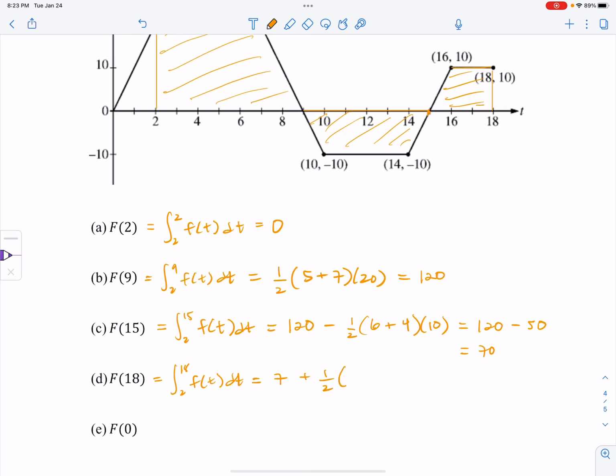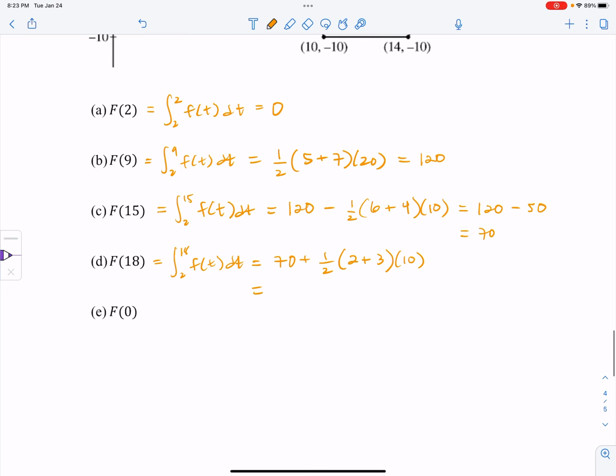So 16 to 18 is 2 plus 15 to 18 is 3, and the height is 10. Oops, I erased this 0 there. Okay, so what is that? 5 times, that'll be 25 plus 70, so 95.